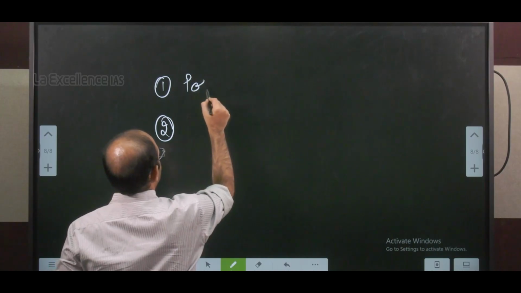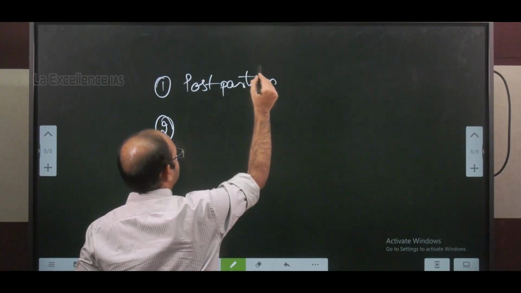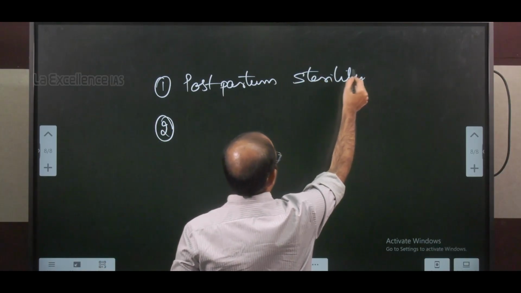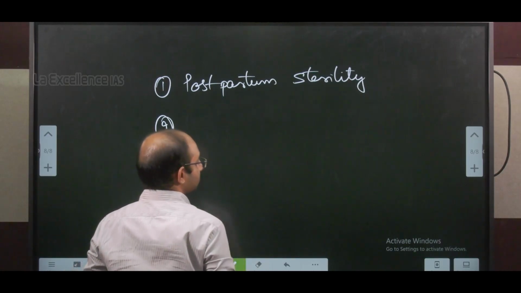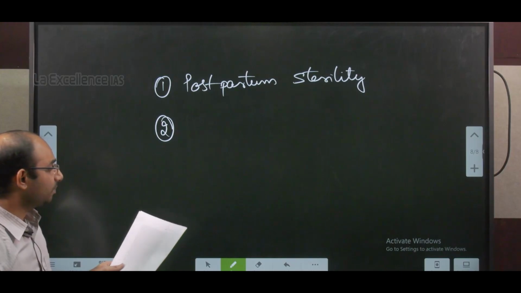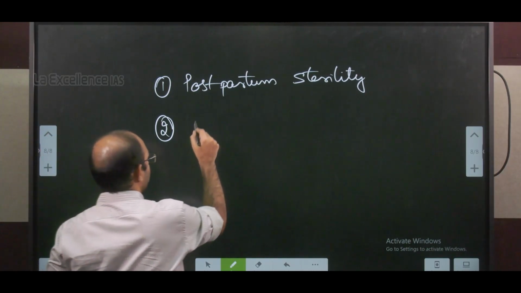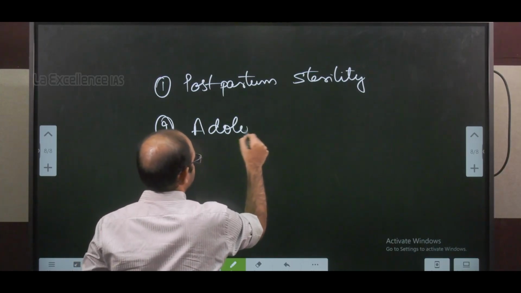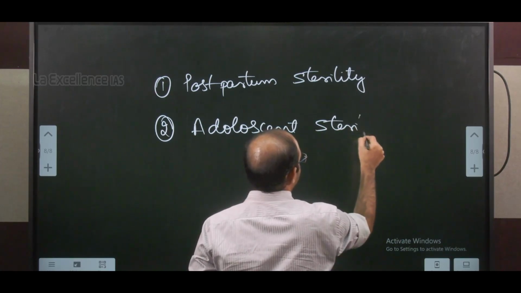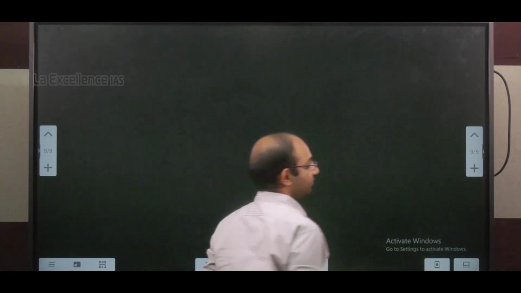One is called postpartum sterility. In the initial days after childbirth, women experience sterility, and another sterility happens in the early years of puberty, and that is called adolescent sterility. So discuss postpartum sterility and adolescent sterility as the things which reduce fertility.